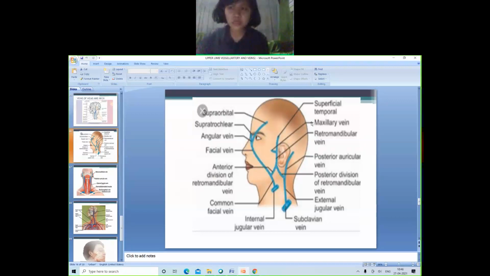The superficial temporal vein unites with the maxillary vein. They unite with the maxillary vein to form what? To form the retromandibular vein. This is the retromandibular vein. This you'll find at the downside. Okay, is it clear?